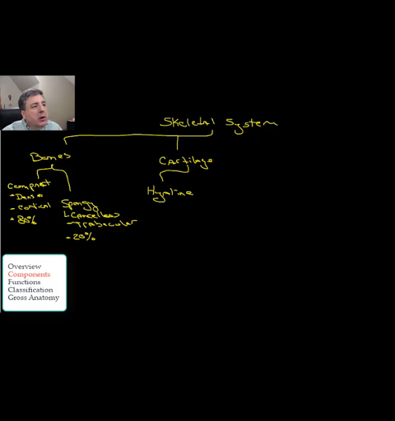Another type of cartilage that we're going to be looking at is going to be fibrocartilage. Fibrocartilage is a weight-bearing cartilage, and it can withstand compressive forces. So areas that you will find this will be in structures like the intervertebral discs of your spine. So these are the cushions in between the vertebrae of your spine.